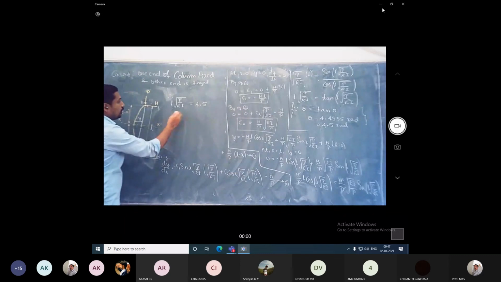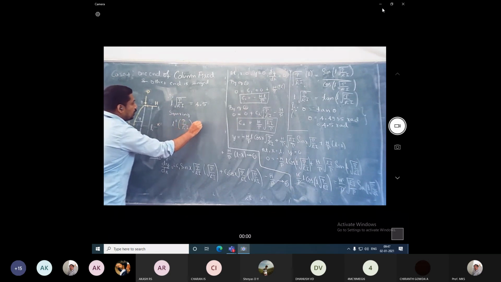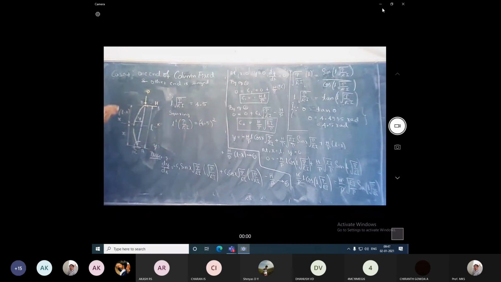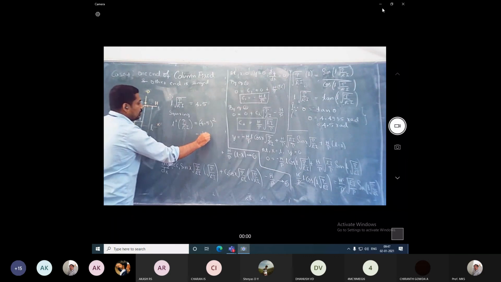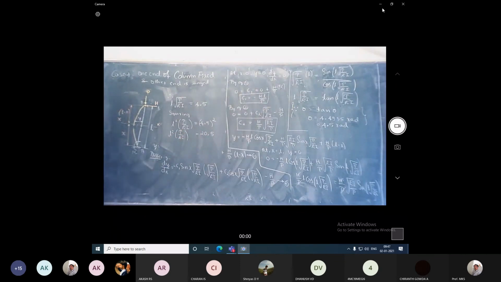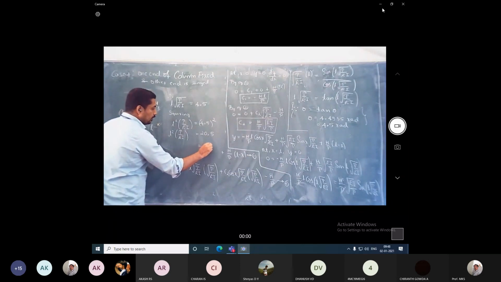Therefore, you do squaring. L square into p by EI will be equal to 4.5 square. 4.5 square is nearly 20.5. Therefore, L square into p by EI is equal to that value. 20.5 is nothing but 2 pi square.